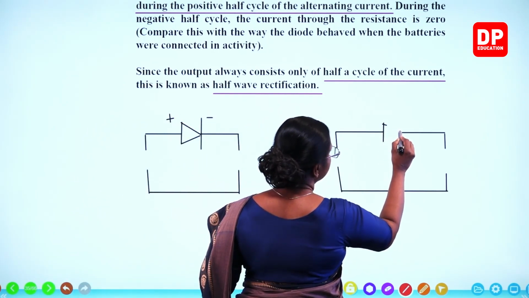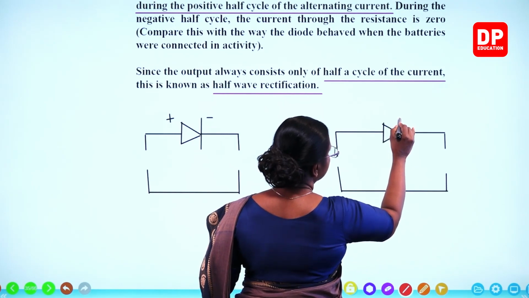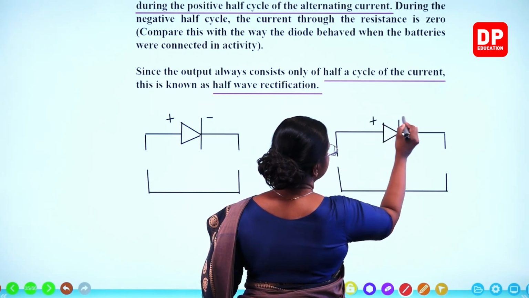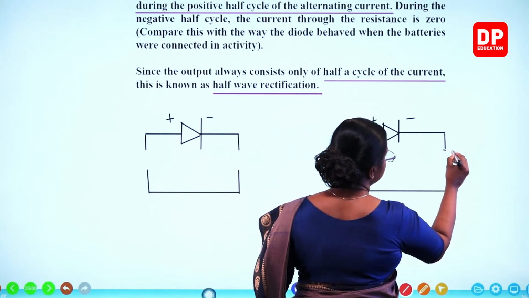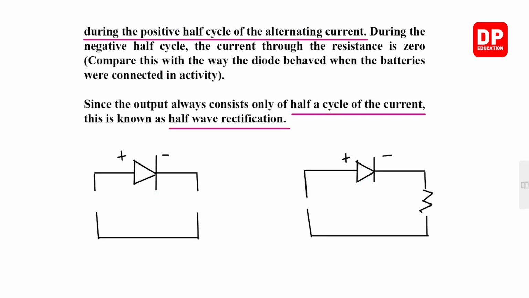Here also I have the diode, positive and negative terminals. Then we have the resistors. So that is the resistor R. Here also the resistor R.